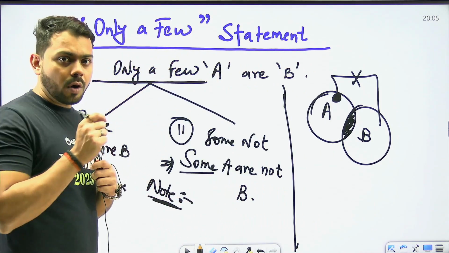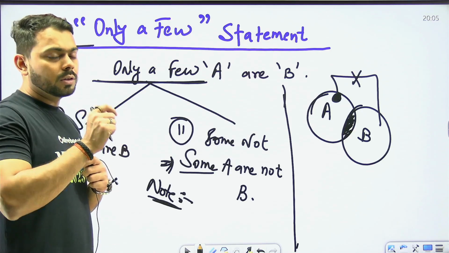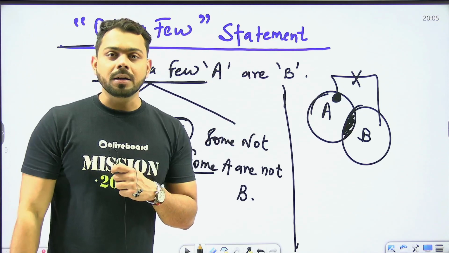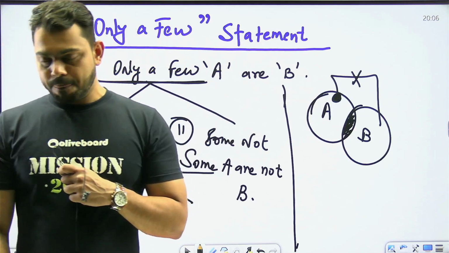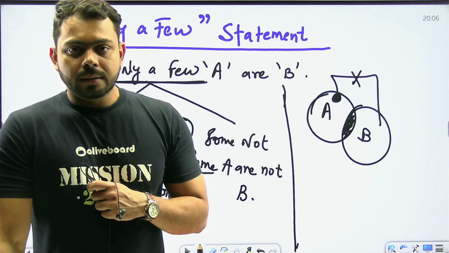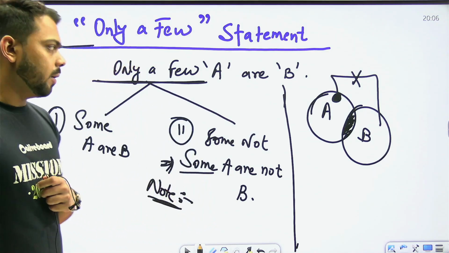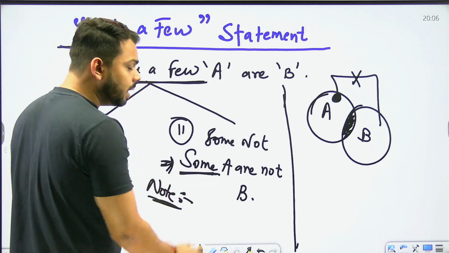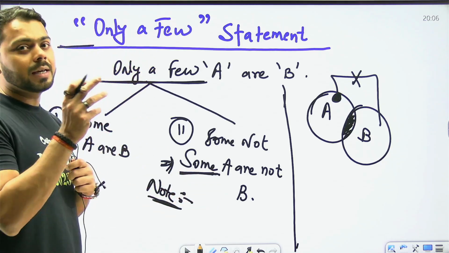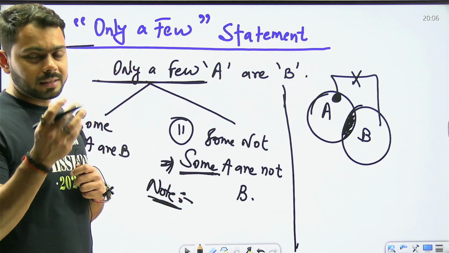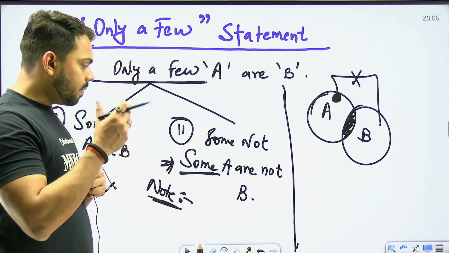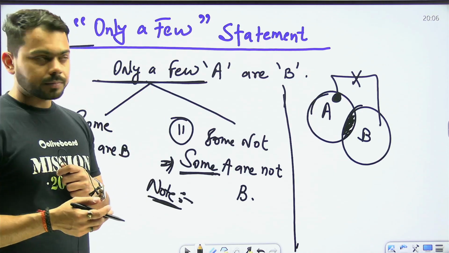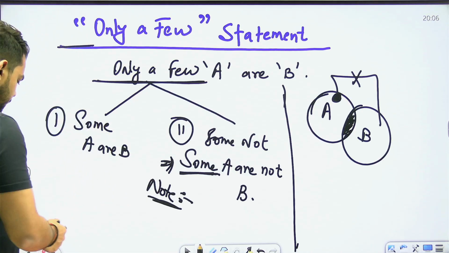The possibility of all will be incorrect between those two elements if the relation of "some not" is given between them, because it has already been defined that some part of A is not B. It is a definite conclusion. So we will not take the possibility of all between these two elements.